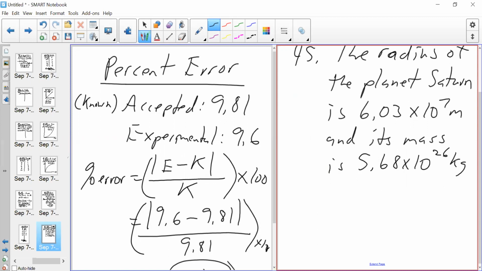All right, so you have that. The first question is, find the density of Saturn in grams per cubic centimeter. Not kilograms, but grams.